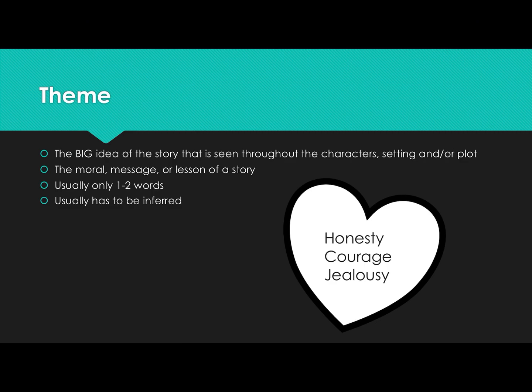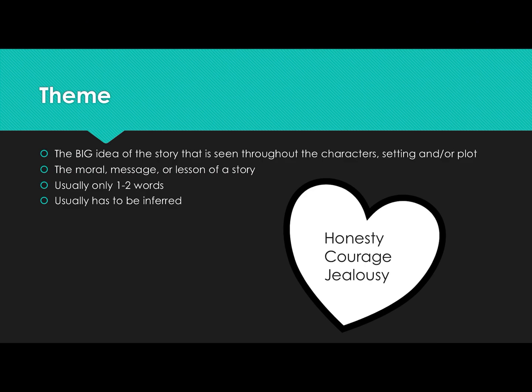So think back to when we were doing fables and folk tales, and think about the example of the tortoise and the hare. In order to find the lesson that the author wants us to learn, we can sometimes just look straight in the story, right? At the end of that story, it would say, slow and steady wins the race. So we can pull that right out from the story, and we know what the author is trying to teach us or what lesson we can learn from that story.